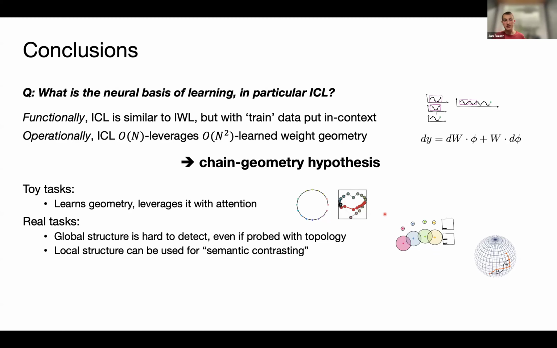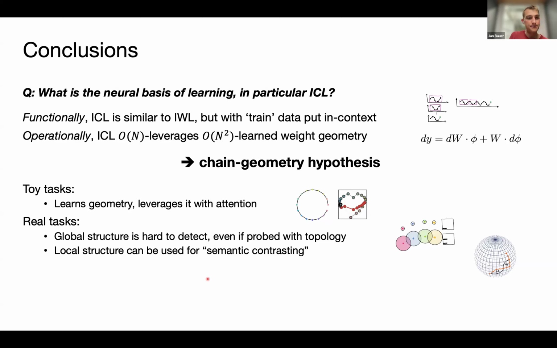And then we went on to test this in real tasks, but we found that this is super hard to detect. I would not say with the current state of my knowledge that it is present, even if you employ more powerful tools beyond linear PCA by leveraging topological tools. But you can try to look at more local structure with these semantic contrasting mechanisms and see some abrupt changes in the chains.